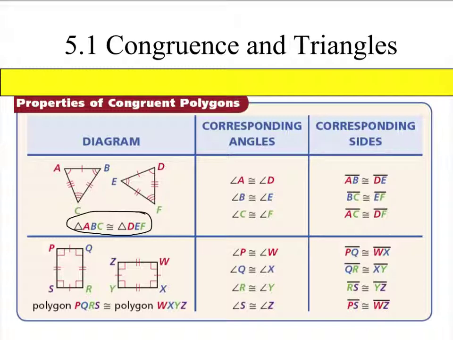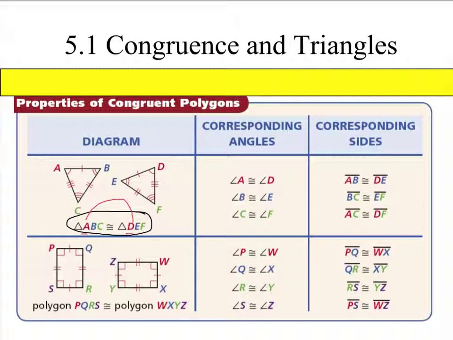That's very important because the order of the letters determines your congruent angles and your congruent sides, the corresponding angles and the corresponding sides. If you notice that A and D are in that first position on that congruent statement, because they are in the first position, they are congruent to each other.